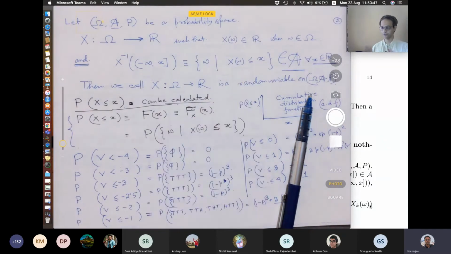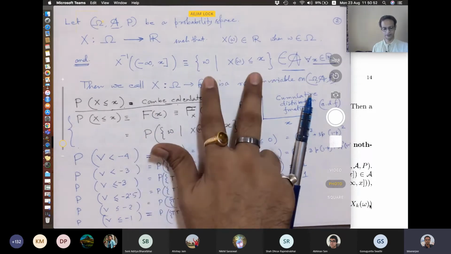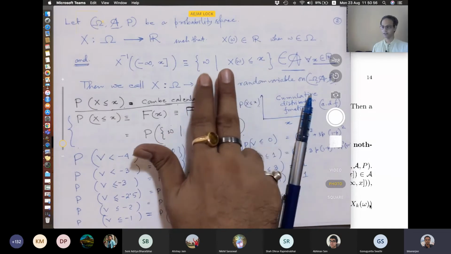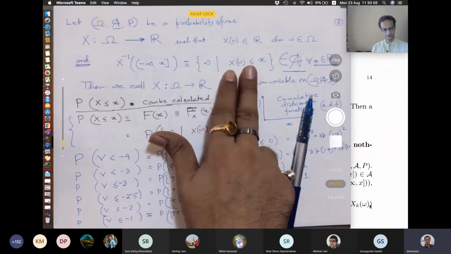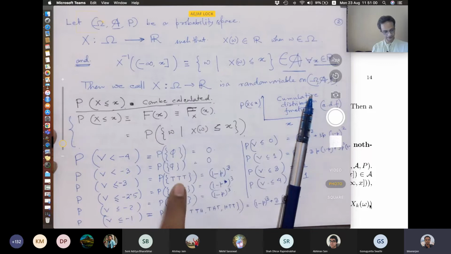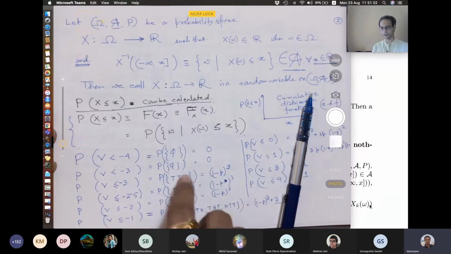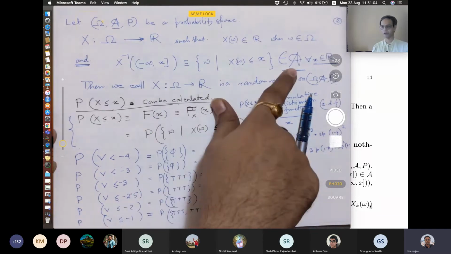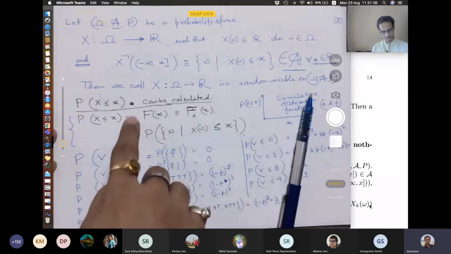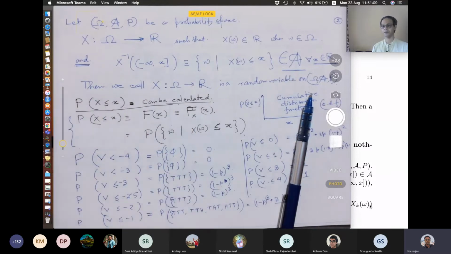So to avoid all those high-level technicalities, we define the random variable in such a way that whenever you invert, the inverted set, which is a subset of omega, belongs to the sigma field. And in this example, we have taken the sigma field as the power set because there are only 8 elements in omega, so the power set of omega is a tractable thing for us.